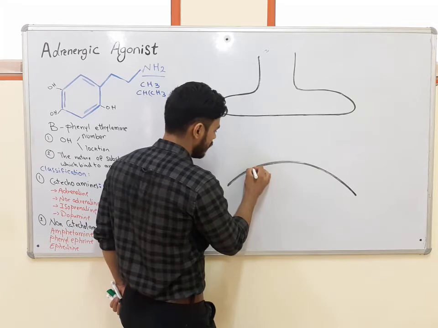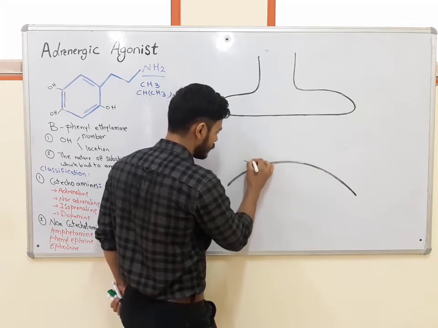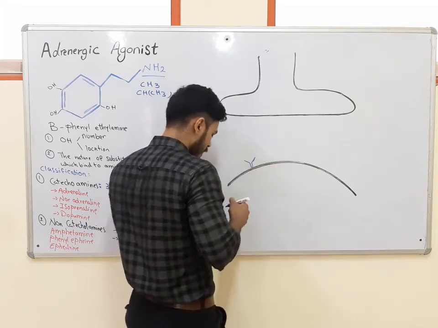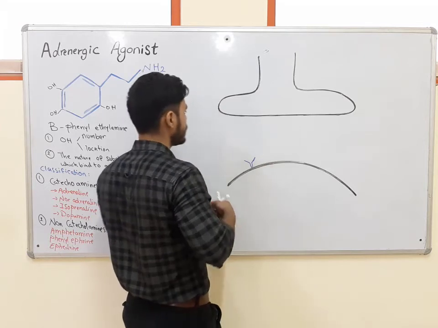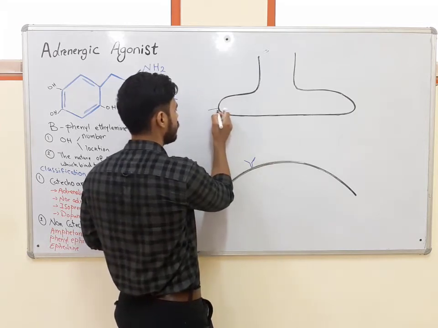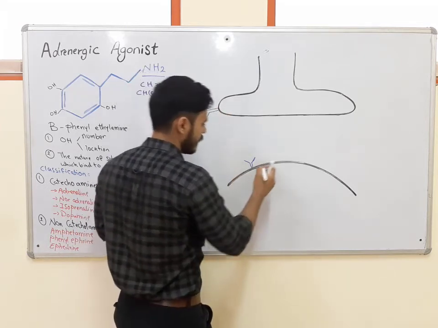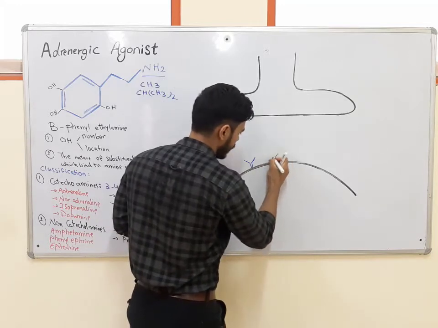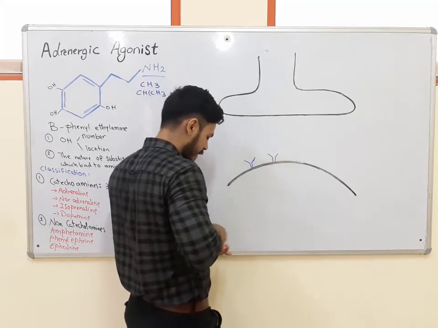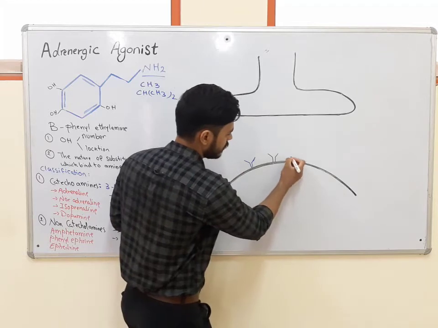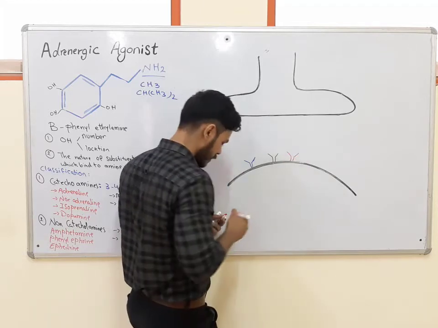beta receptors. For example, we have the alpha 1 receptor. We have the alpha 2 receptor. Alpha 2 receptor can be presynaptic and it can be postsynaptic. We have the beta 1 receptor.